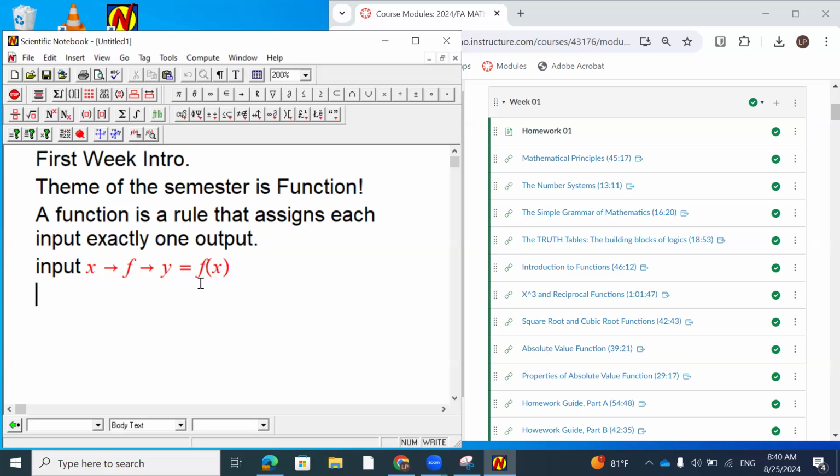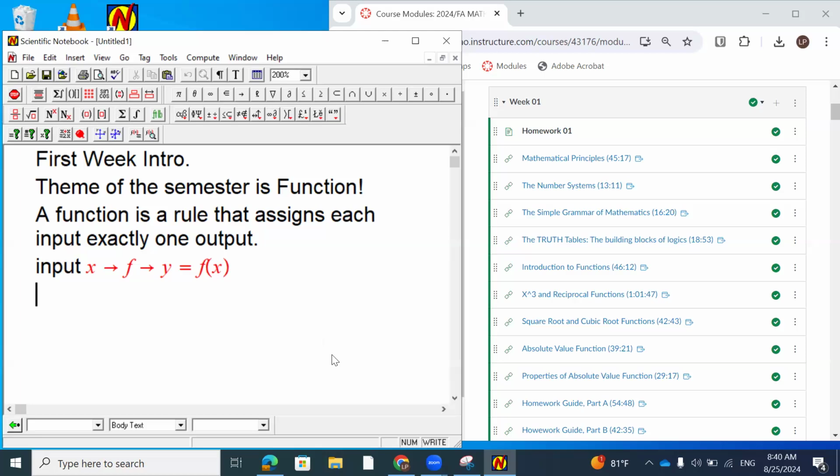That's how you read it: f of x. So input, output. In this semester, we're going to talk about many rules and the tweaks of these many rules. We start with simple rules.